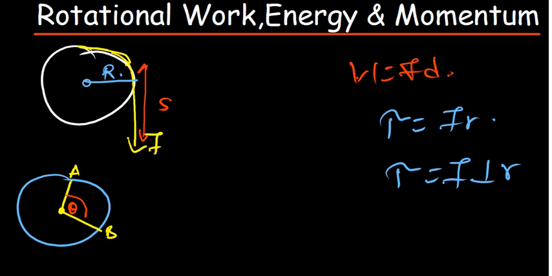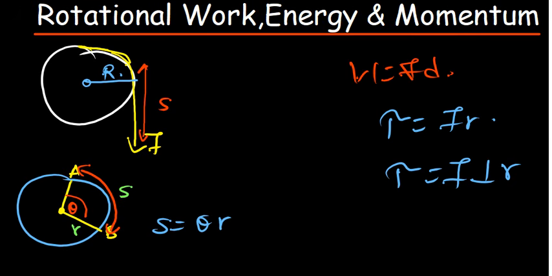You're moving from point A all the way to point B. The distance which you're going to cover is S, in this case the arc length. And we know that this is our radius. Then the arc length is theta times the radius.